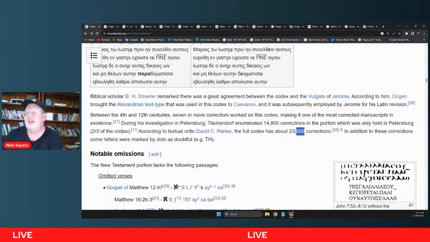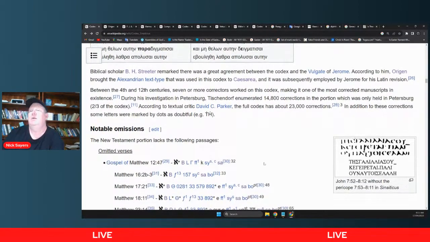So 23,000 corrections, that's a lot of corrections. In addition to these corrections, some letters were marked by dots as doubtful. For example, they have the theta and the eta, with these dots above them.